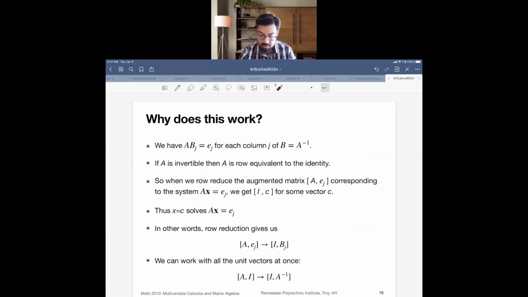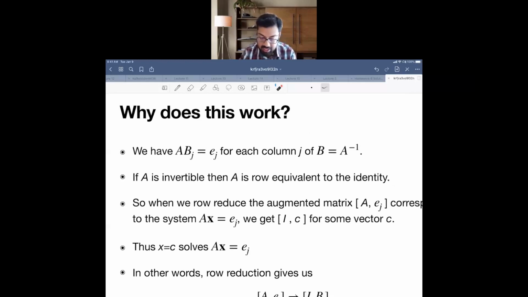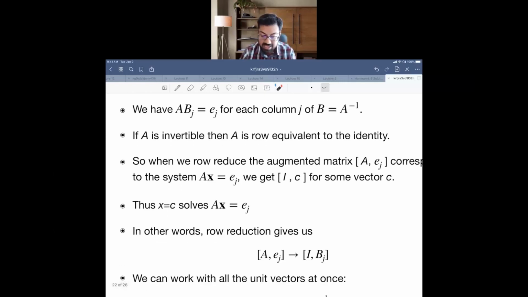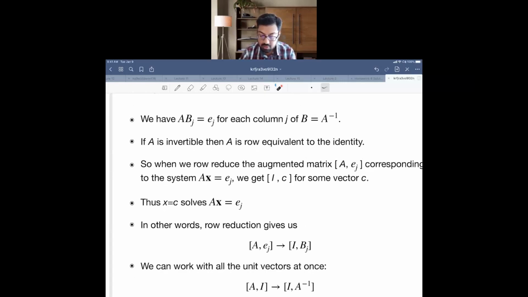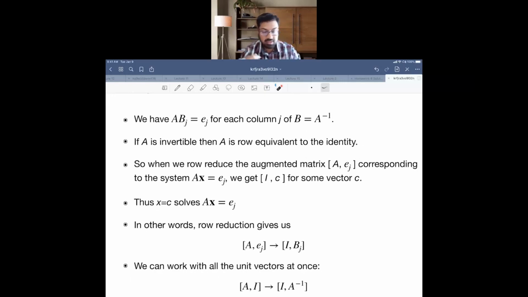Next. So this is what we looked at. A multiplied by jth column in B gives you the unit vector Ej. So for each column j, you have B equals inverse of A. So if A is invertible, then we know that A is invertible means A is non-singular, it is row equivalent.